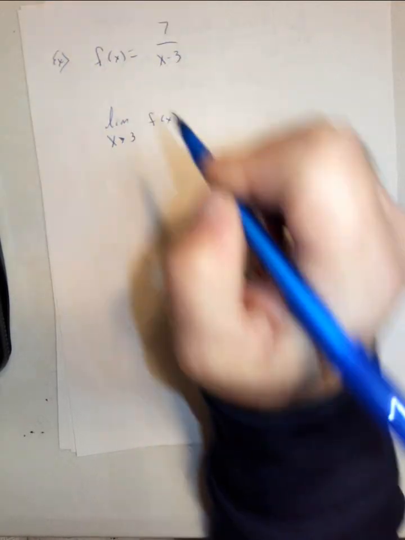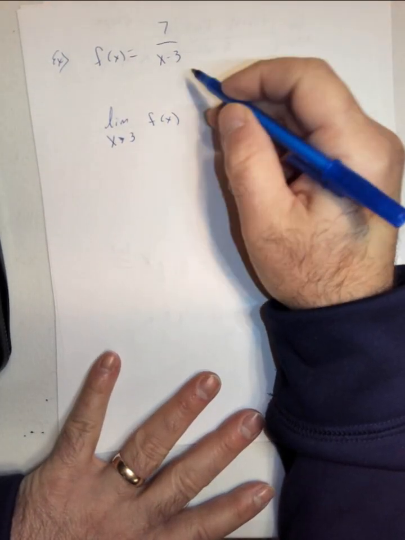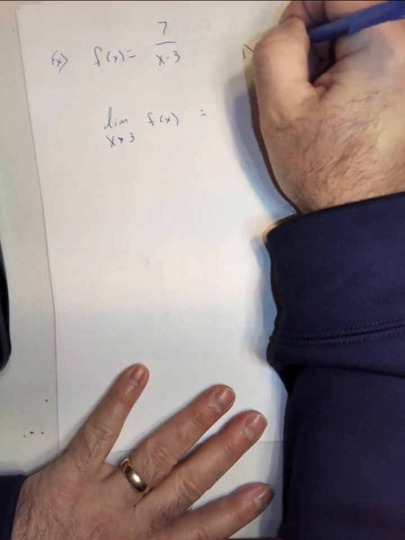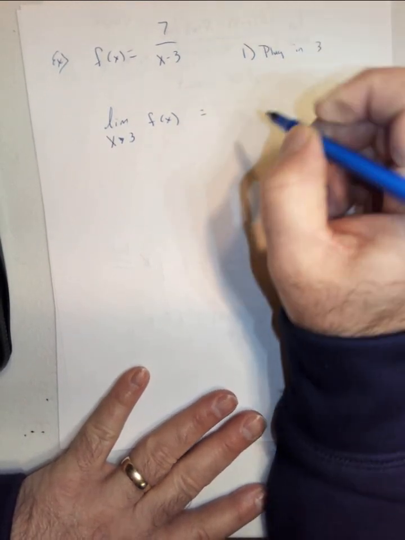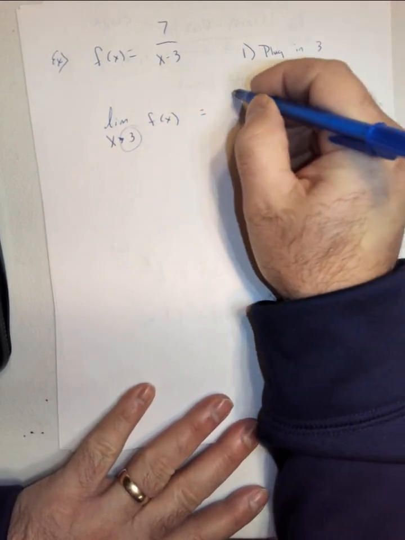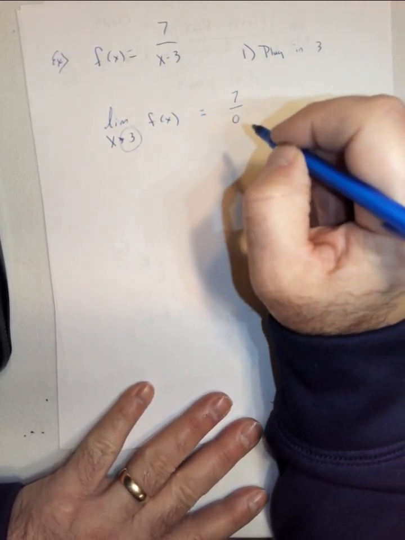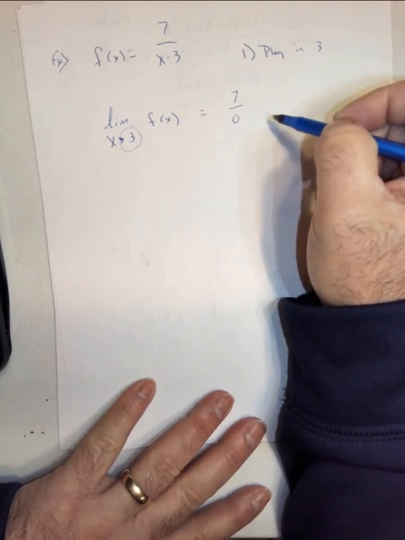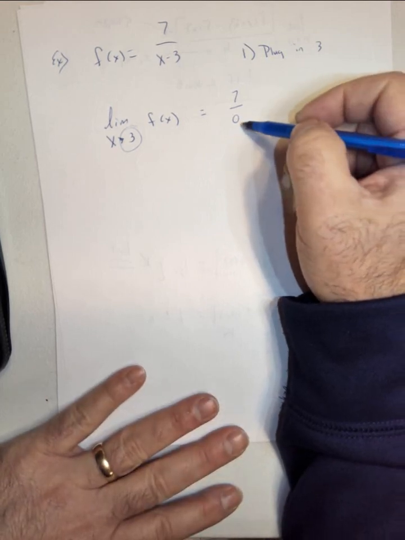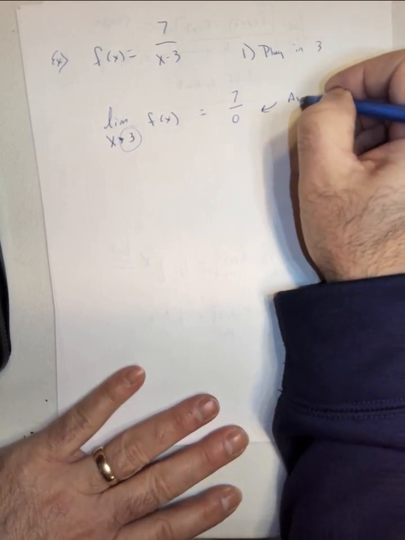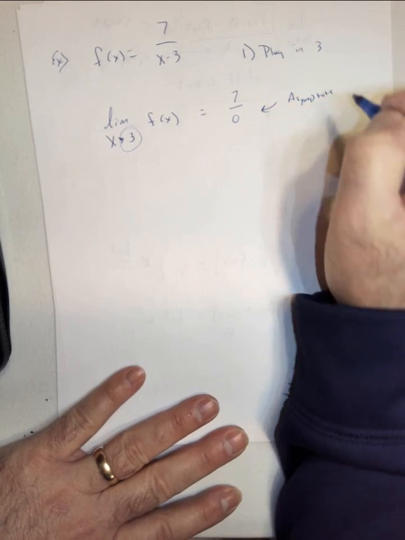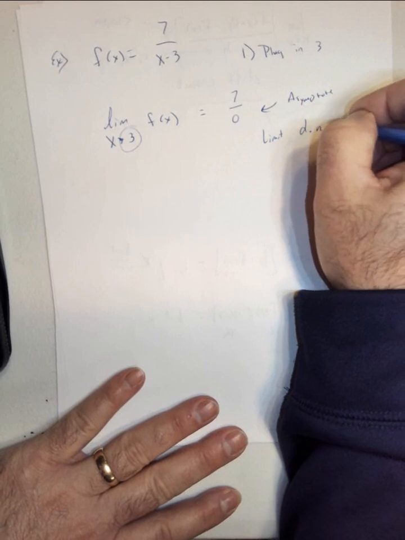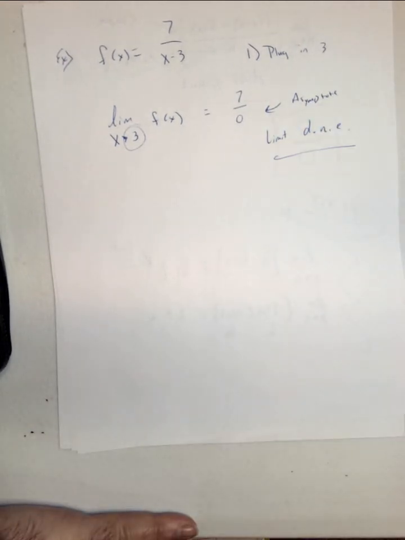So, first step, right? Plug in 3. So when we plug in 3, what happens? We get 7 over 0, not 0 over 0. So what does that tell me about this particular question? There's an asymptote here, right? Since there's an asymptote, the limit does not exist, and we're done.